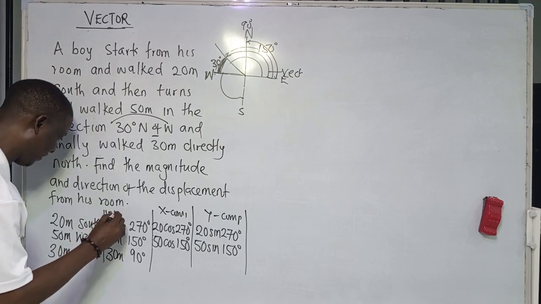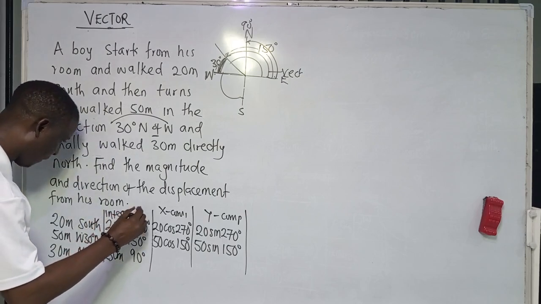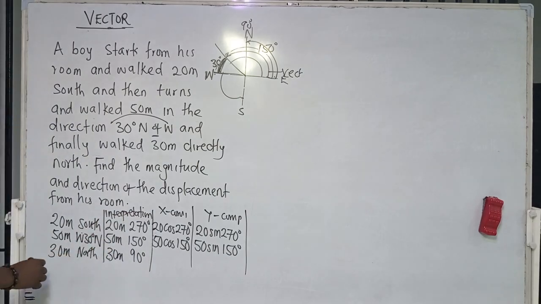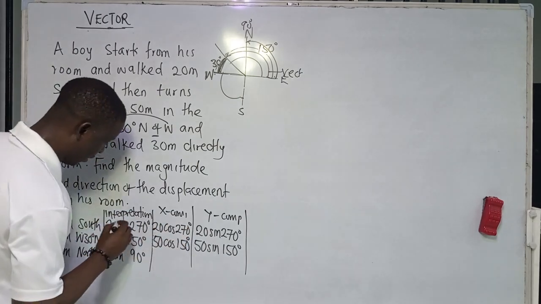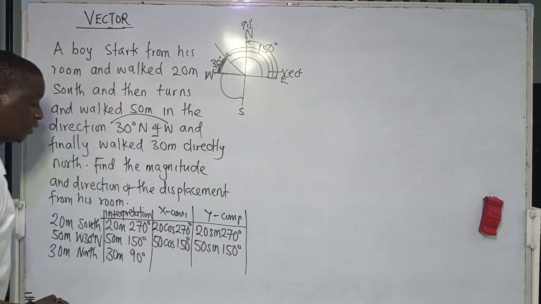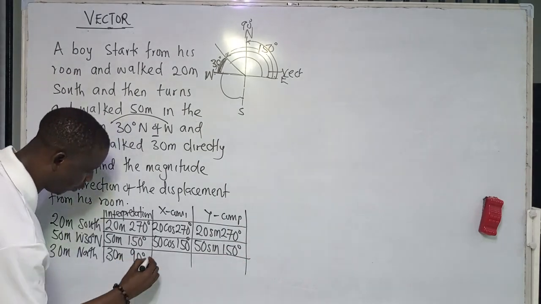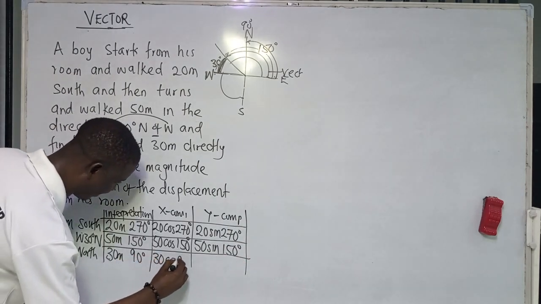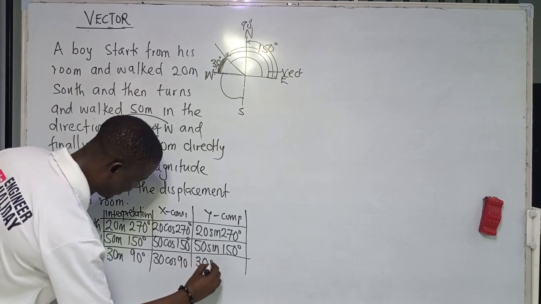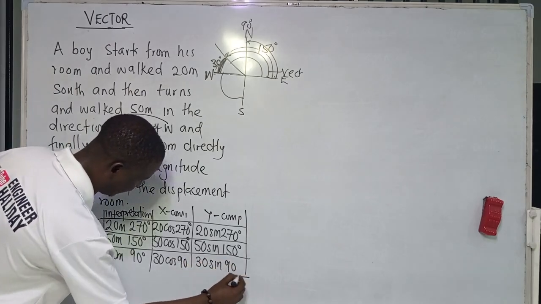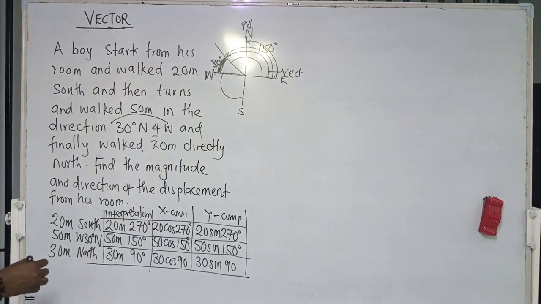This one is the interpretation into polar form. Then this one is the resolution. So we have resolved the three of them. This one will be 30 cos 90 degrees and 30 sin 90 degrees.